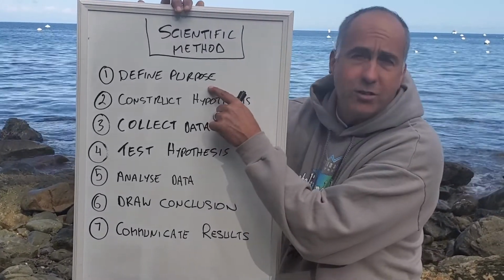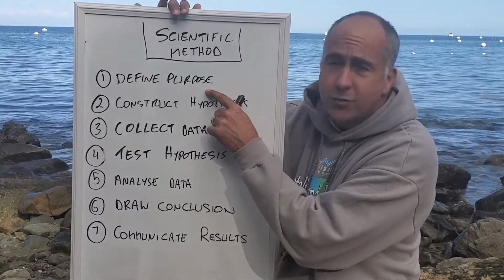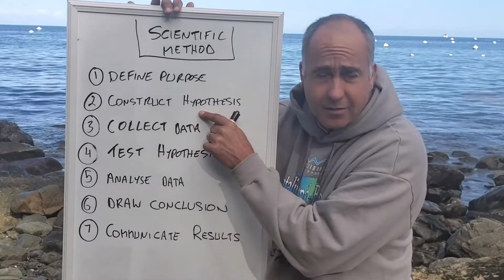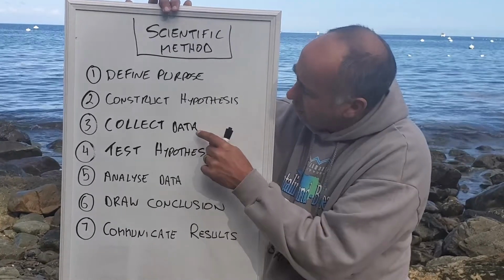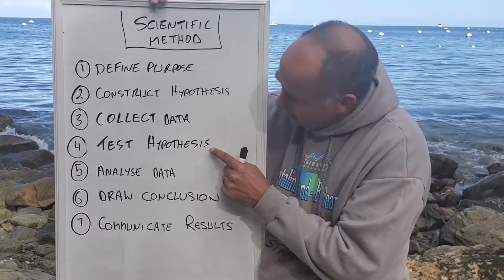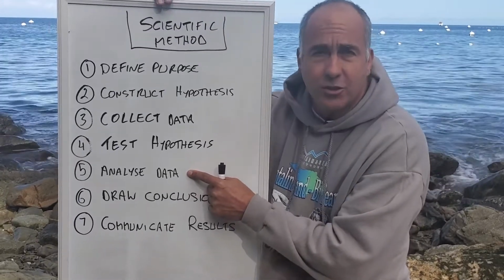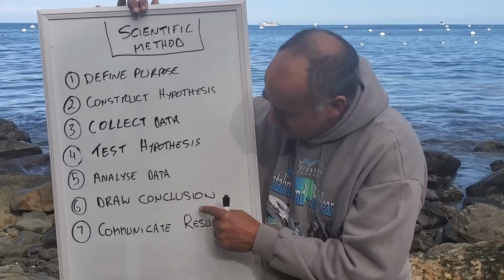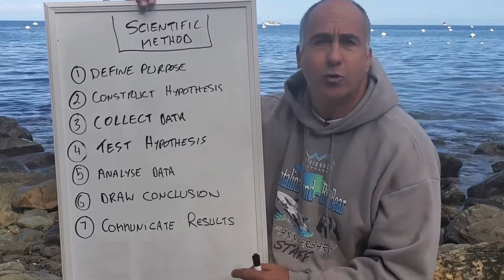Then you are going to define your purpose, which we already went through. Then you're going to construct your hypothesis, which we also talked about, collect your data, test your hypothesis, analyze your data, and then draw conclusions and communicate your results.